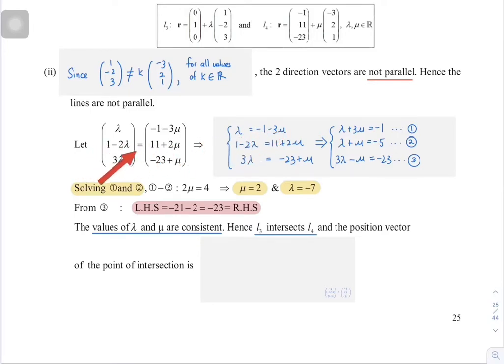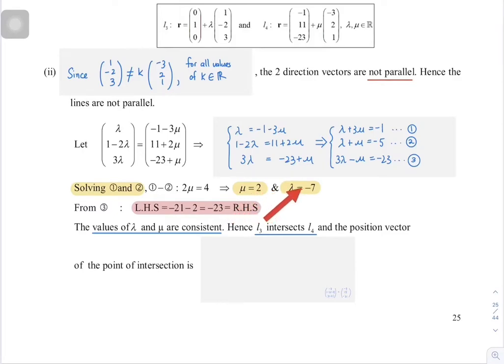For the y component, 1 minus 2 lambda equals 11 plus 2 mu. And for the z component, 3 lambda equals negative 23 plus mu. Simplifying the equations and solving equation 1 and equation 2, we get mu equals 2 and lambda equals negative 7.